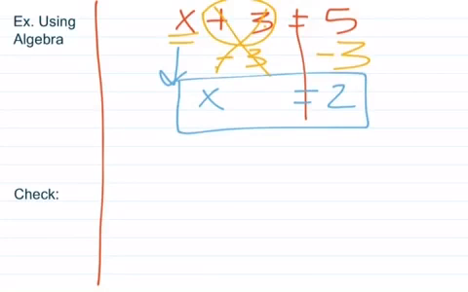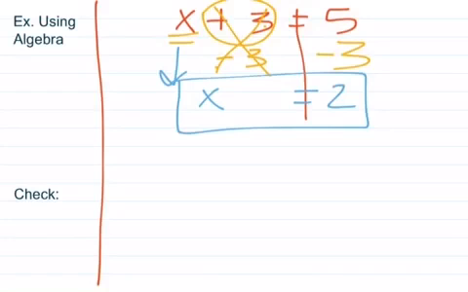Is that what we got before? Absolutely. The only difference, we're showing our strategies and our thought process in different ways. The first way we showed using models and visuals, and the second way we showed using algebra and numbers.